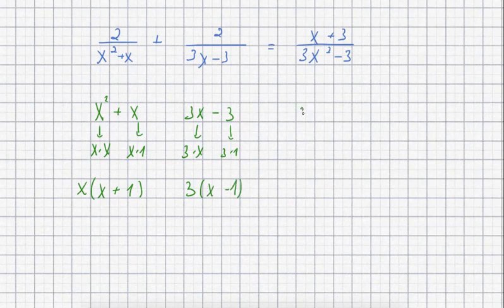Now this one. 3x times x. 3 times what? So 3x and in parentheses x minus 1.